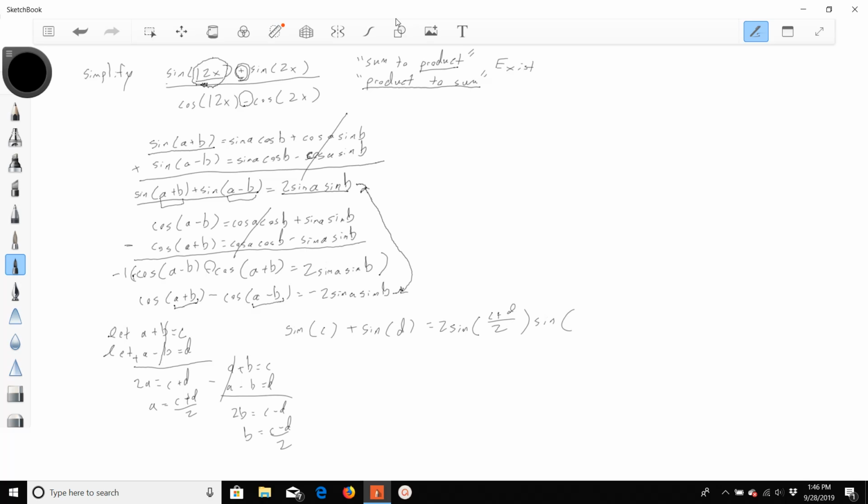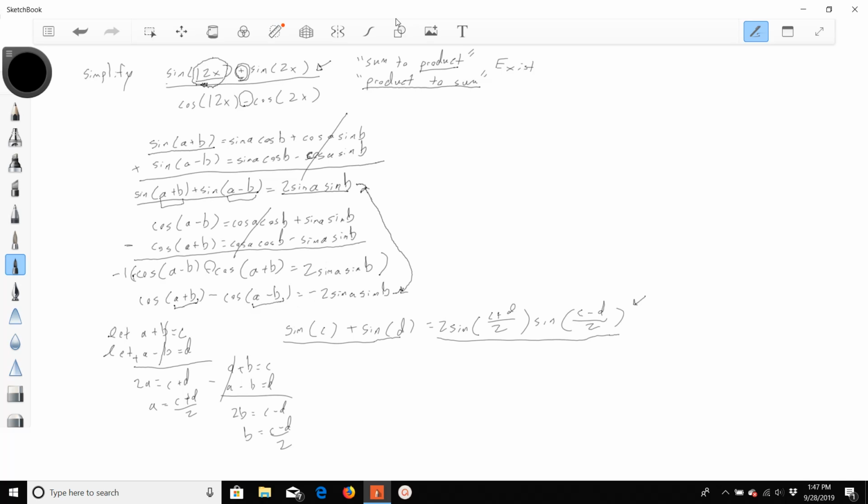And this is why at the beginning I said it would be very hard to memorize all these, because they just look so similar, you're just fiddling with the plus and minus signs. I never could memorize them. And again, b is c minus d over 2, so I'm just plugging that in there. This formula right here is what we're going to use on the numerator. See, we're starting with a sum, and we're making it into a product.